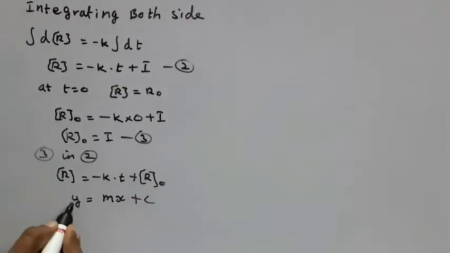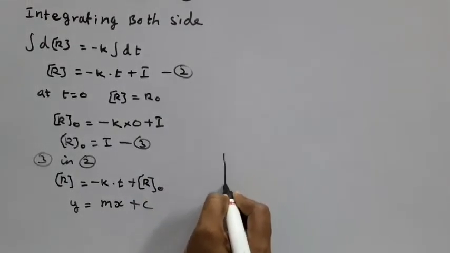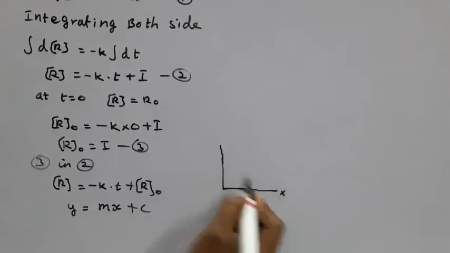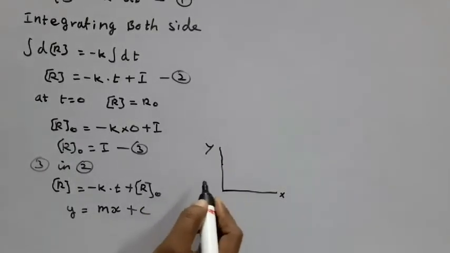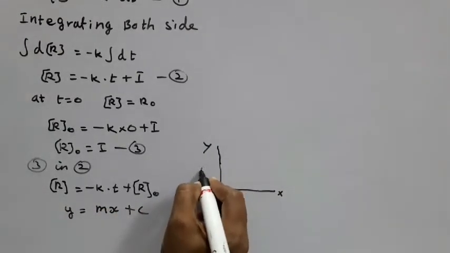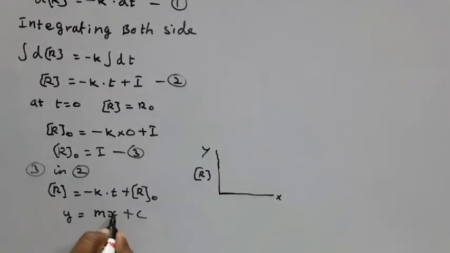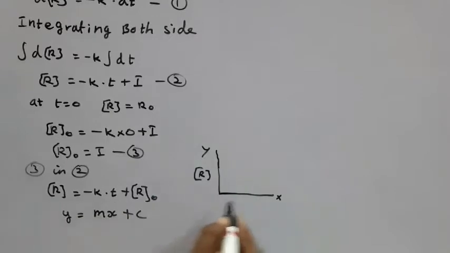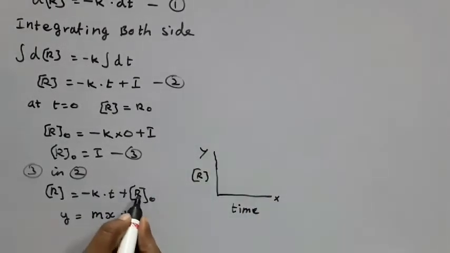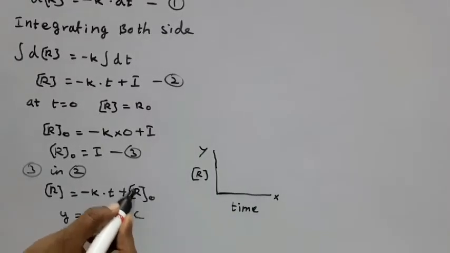Right. So this format is a straight line equation, that is y equal to mx plus c. How can we draw the graph for this case? For the y axis, it is the concentration of reactant, versus the x axis, which is time. The c is the constant, the initial reactant concentration.